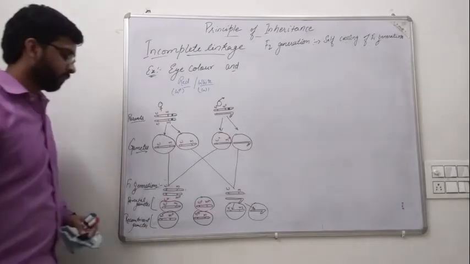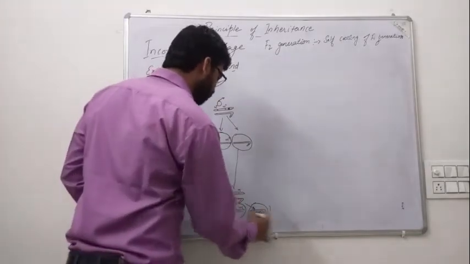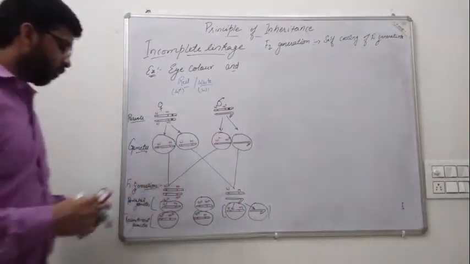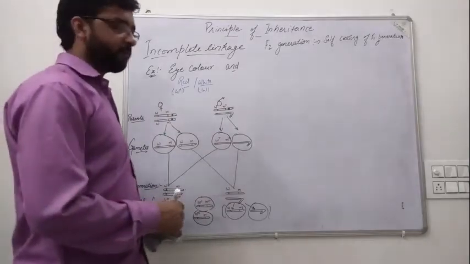Is that clear? And in the male, these two are parental gametes. Now we do the cross for the F2 generation.